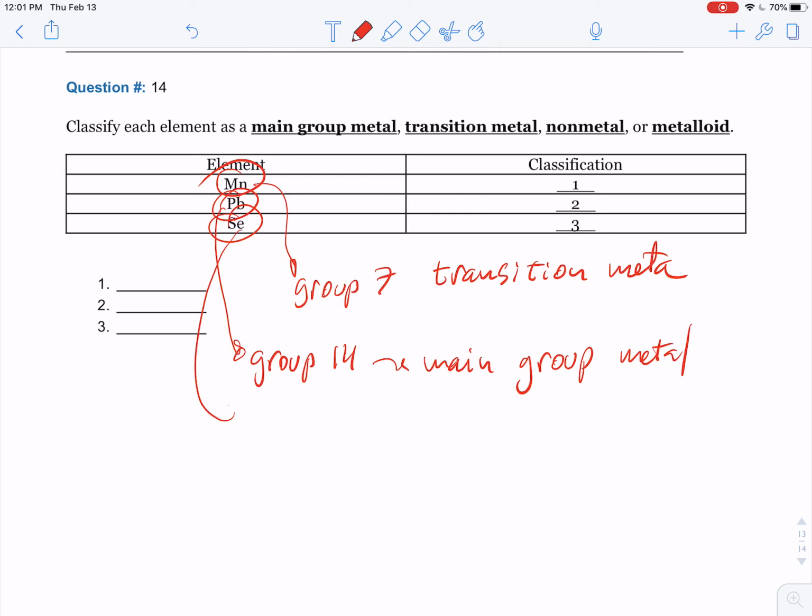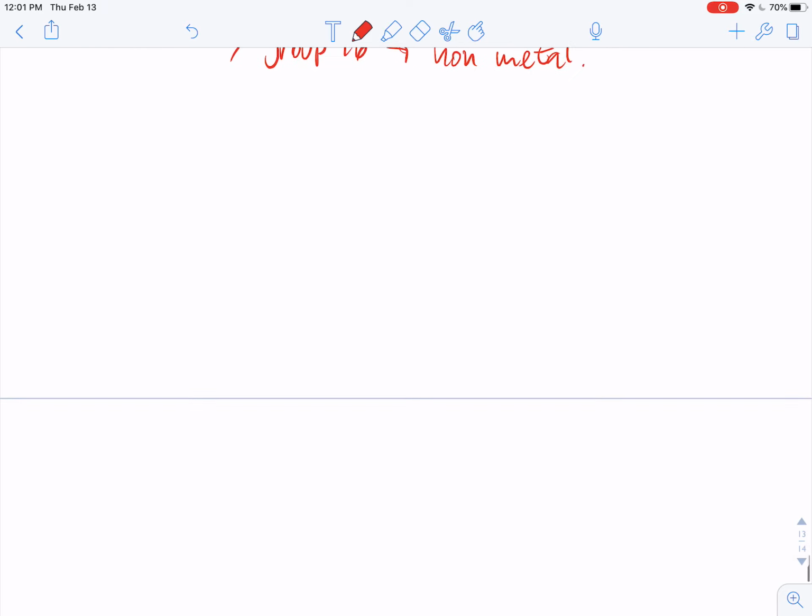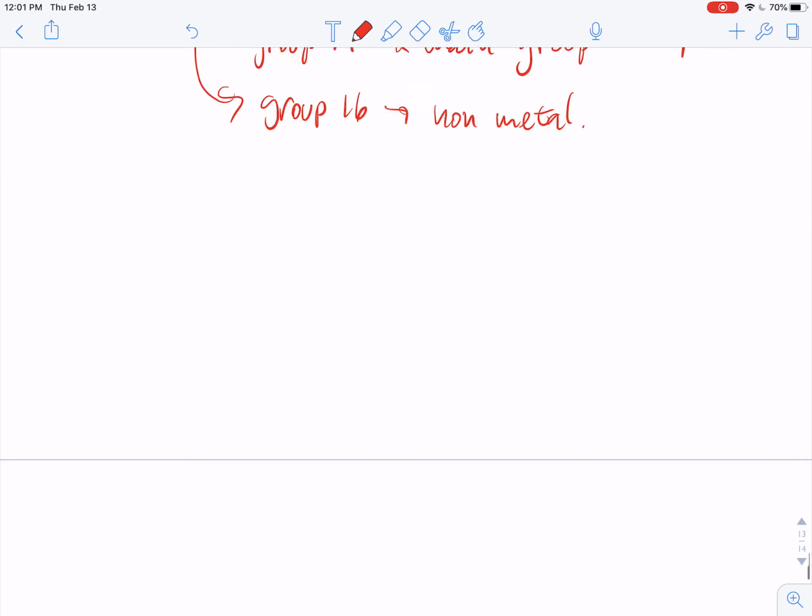And then selenium. Selenium is in group 16, which is a non-metal. Just so you know, all non-metals are main group, so you don't have to worry about saying anything like transition or non-metal. So there is nothing related. And this is it.